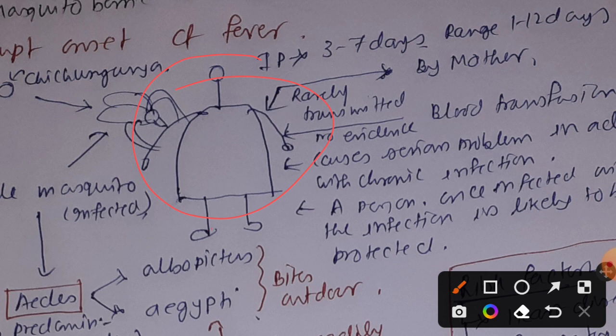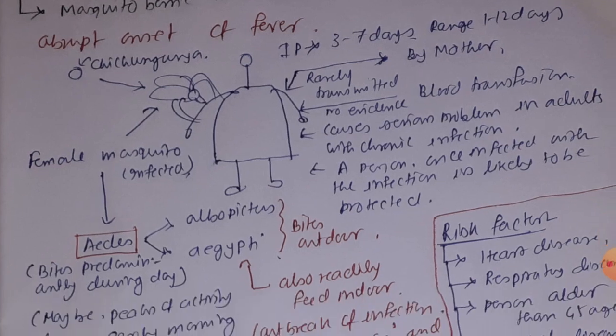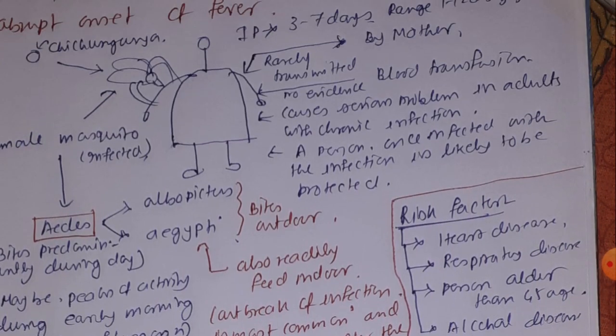That means our immune system can recognize it very well, so when it tries to infect us a second time, our immune system can easily recognize it and remove it from our body. That is why once a person is infected with chikungunya, there is no chance that he or she will be infected by it again.